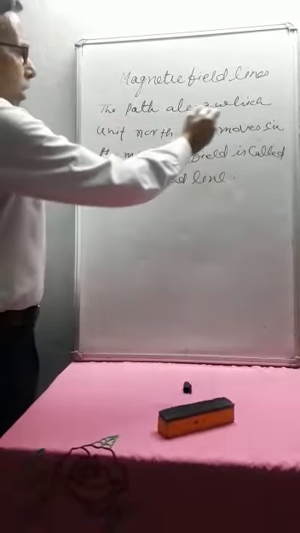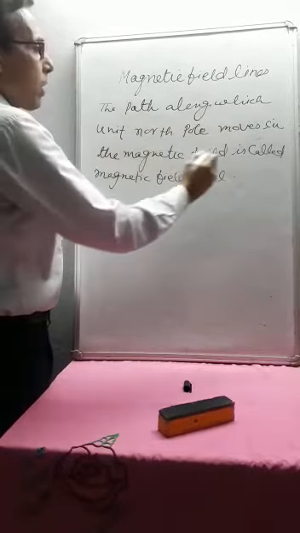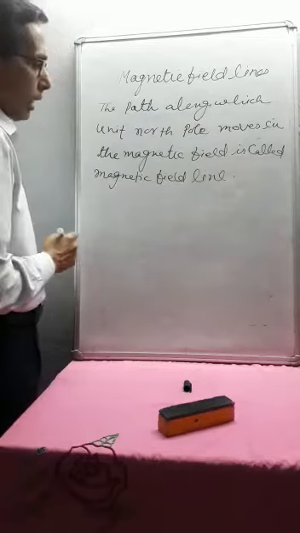Or the path along which unit north pole moves in the magnetic field is called magnetic field lines.